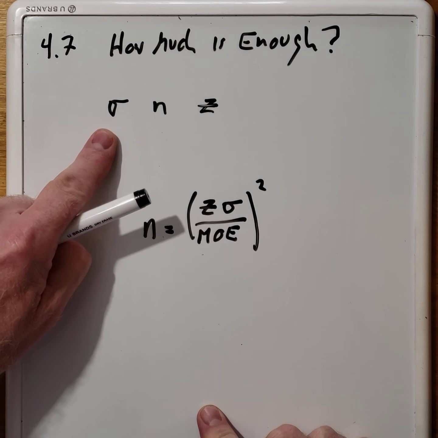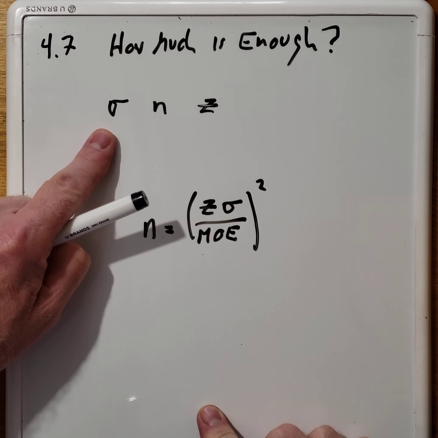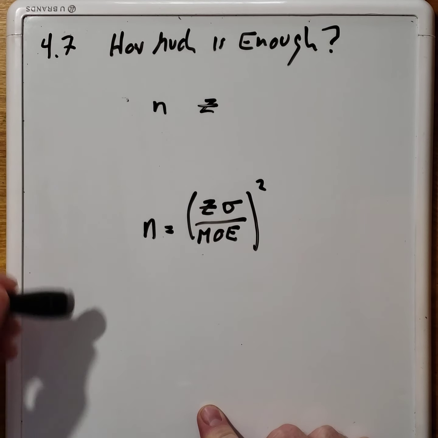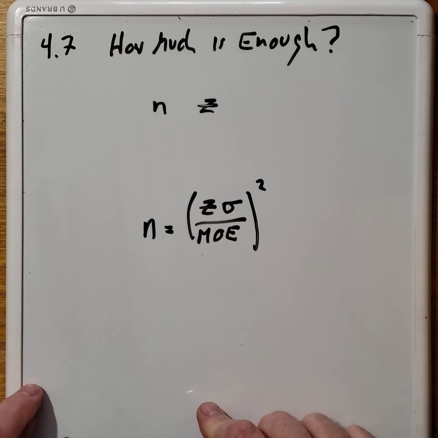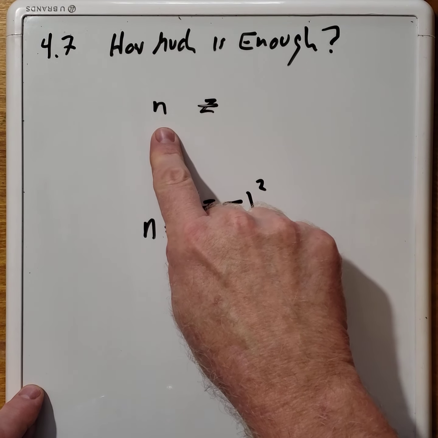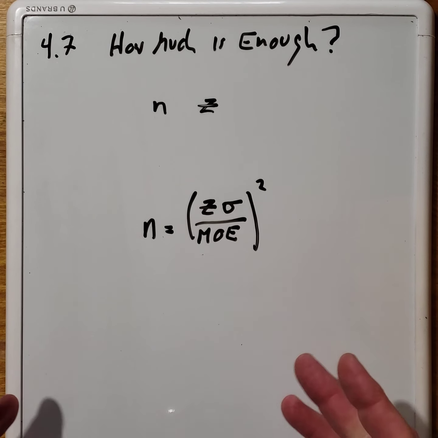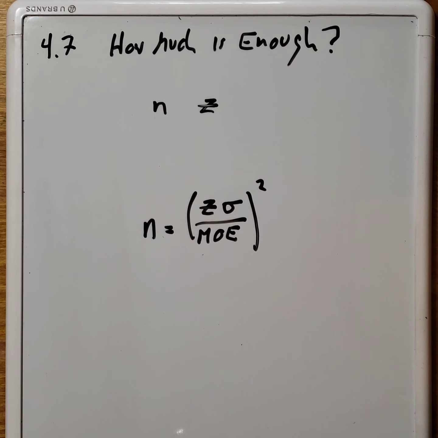We have no control over the standard deviation of the sample or of the population, so we really don't care about that. We're going to worry about what effect our sample size and our confidence level have on the width of the interval. Again, the width of the interval is just another way of saying the margin of error.